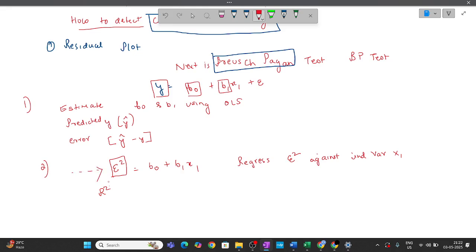Now if r square of this regression is close to 0, तो मैं क्या बोलूँगा, बोलो. If the r square of this second regression is close to 0, what will I interpret?